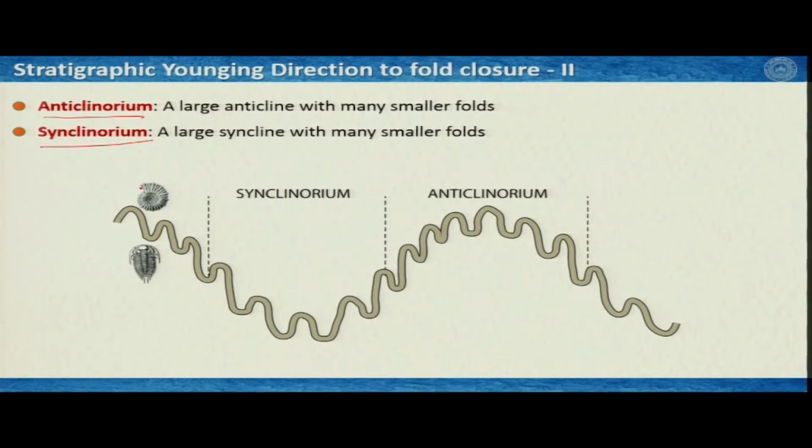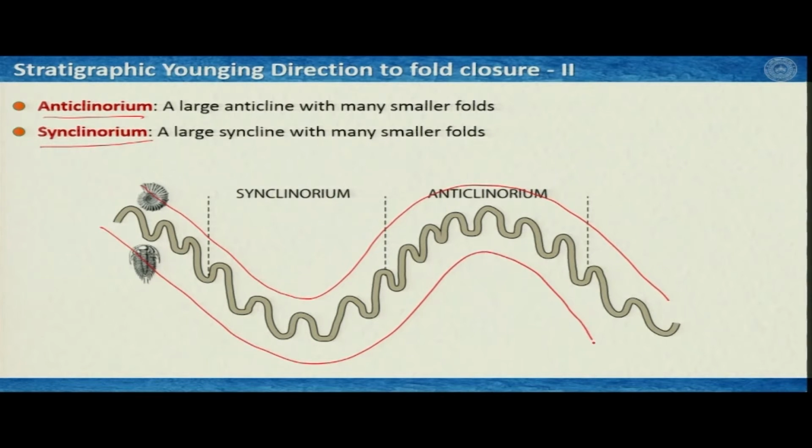As you can see, this is a packet of folds, or we can make a large fold like this, and it is defined by many small folds, as you can see here in this illustration.